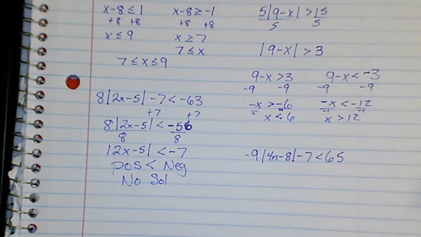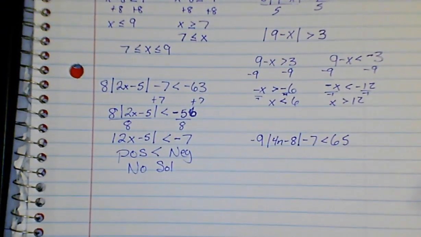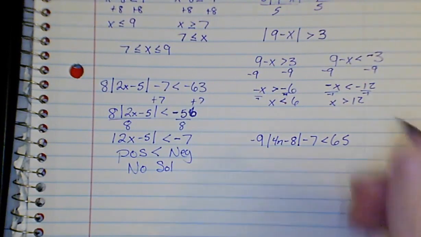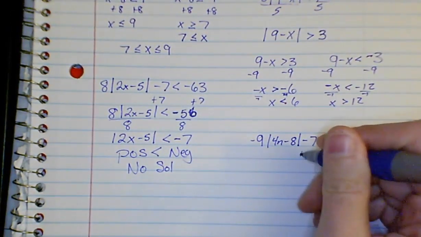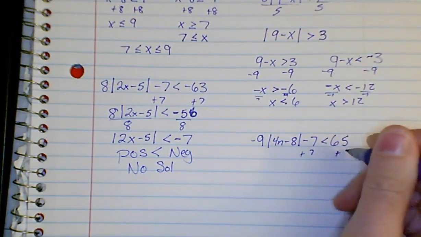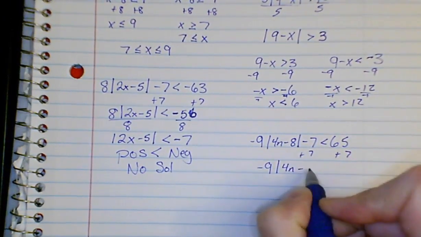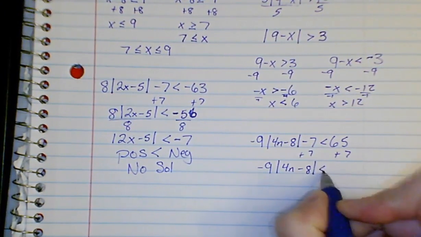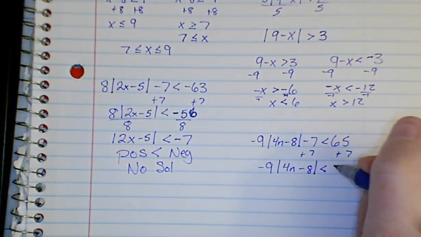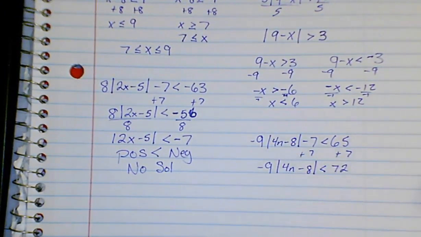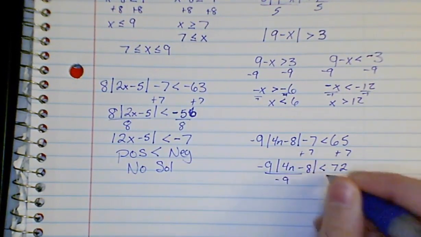Okay, the next one: negative 9 times absolute value of 4n minus 8 minus 7 is less than 65. So we're going to add the 7 over. Divide by negative 9.